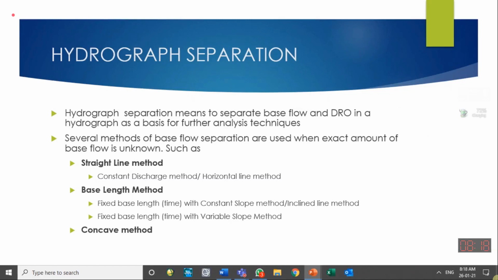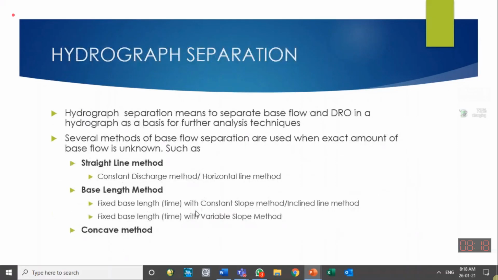So we select a base flow value and we say that this is a constant base flow, and we separate the upper part from the lower part by subtraction of the total hydrograph ordinate from that base flow value. So the constant discharge method or horizontal line method is an easy method and used, but maybe not more accurate.